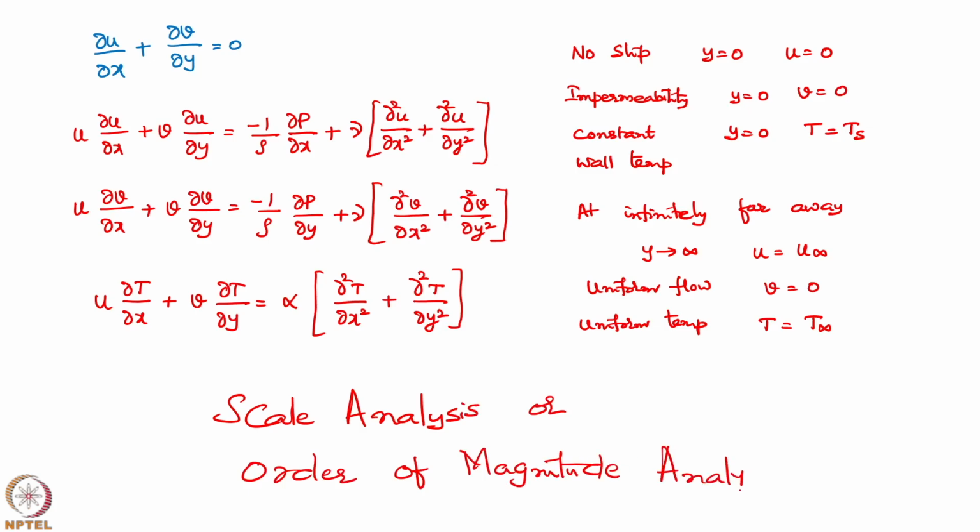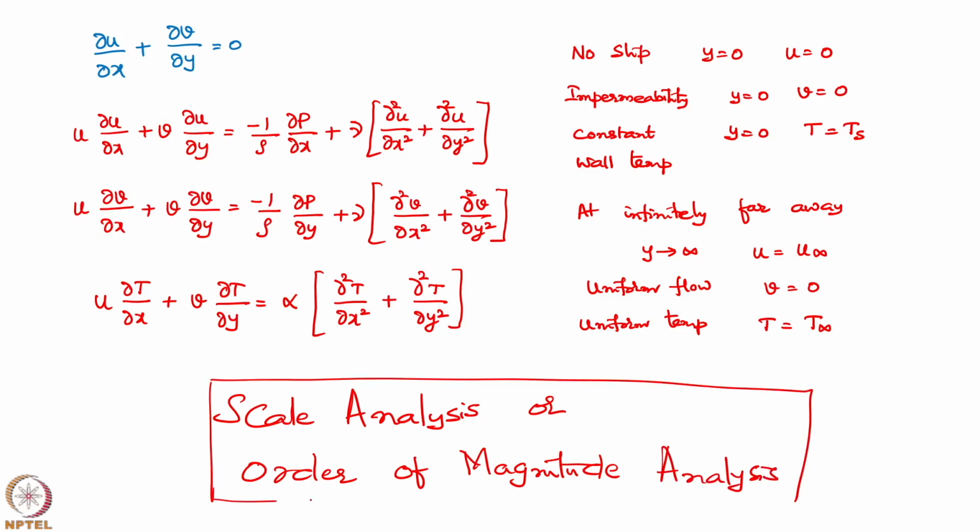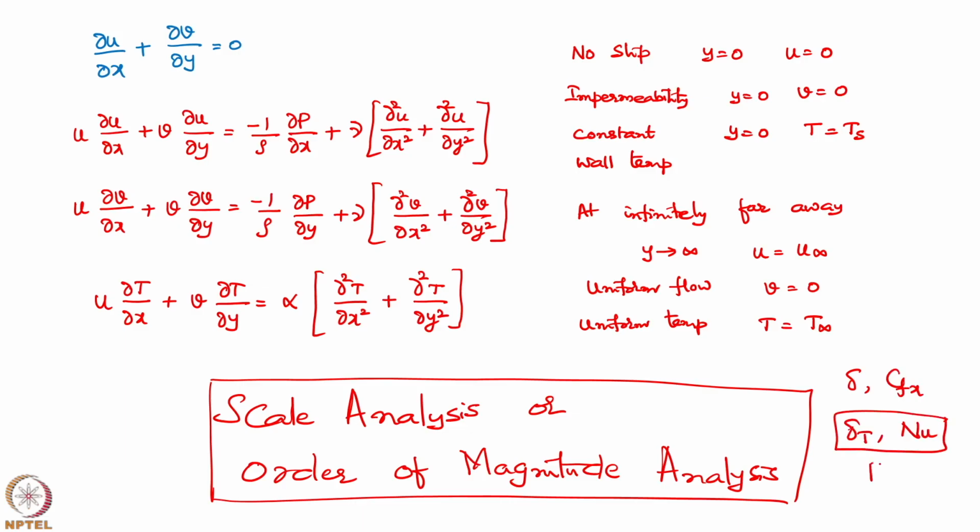Let us do this scale analysis and get delta and Cfx from the momentum equation, and delta T and Nusselt number from the energy equation, for both Prandtl numbers less than 1 and greater than 1, and see how to get them for Prandtl number equal to 1.